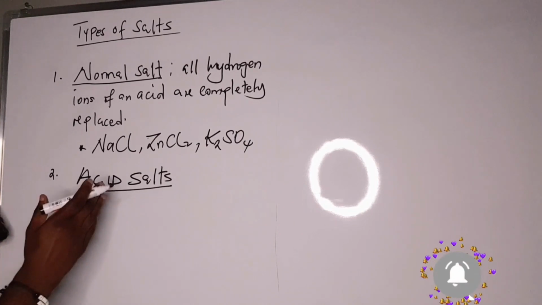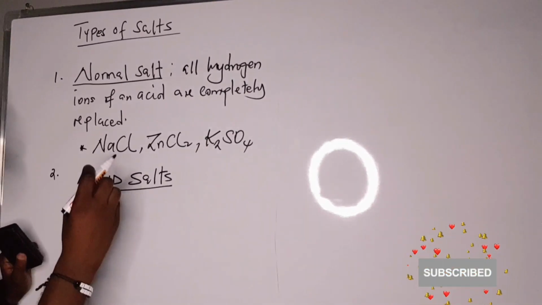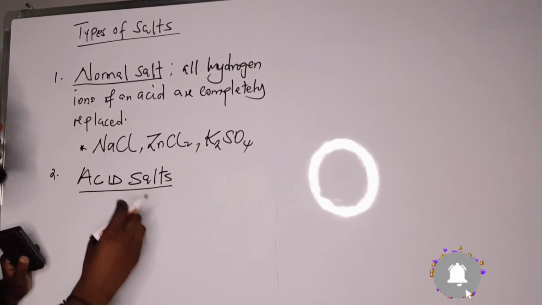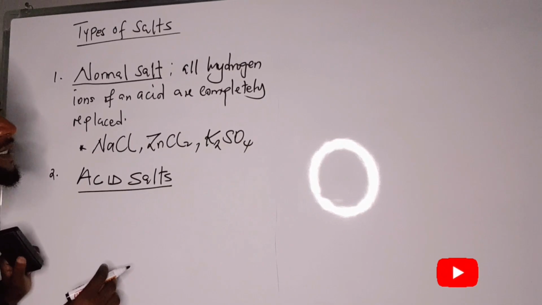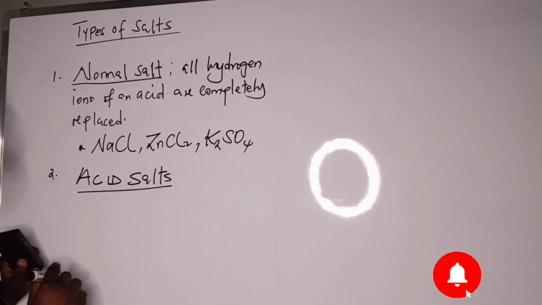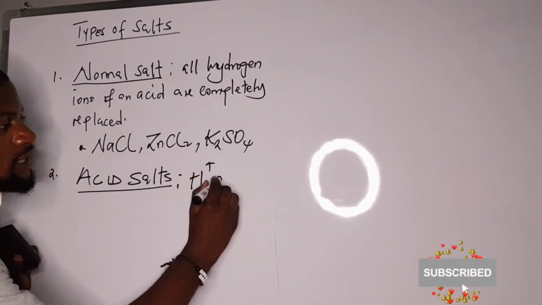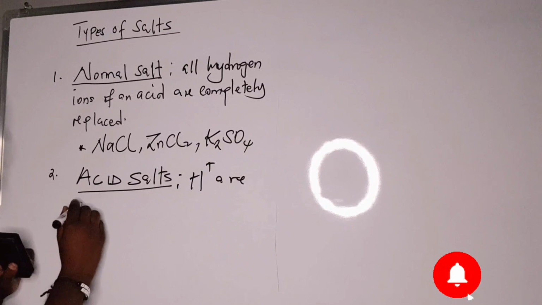Acid salts are salts that are formed when the hydrogen ions of an acid are partially replaced.